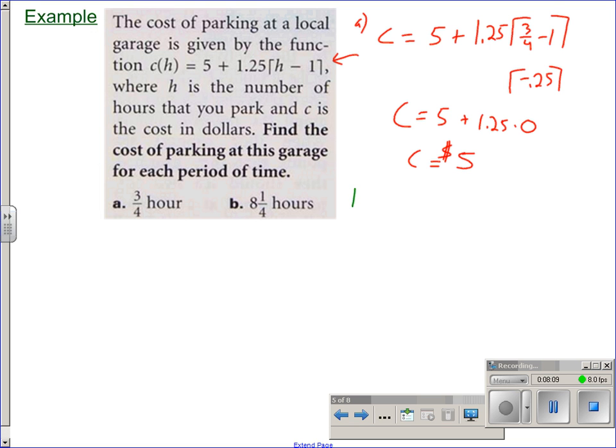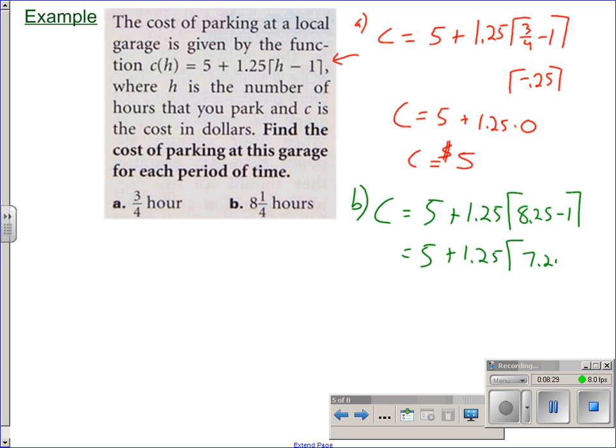For part B, we have a cost of 5 plus 1.25. We are plugging in 8¼ hours in for h. So 8.25 minus the 1 becomes 7.25.